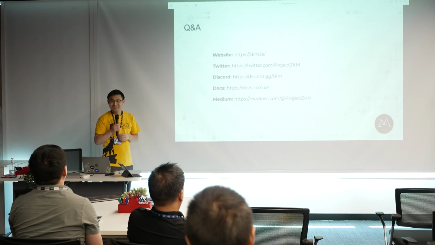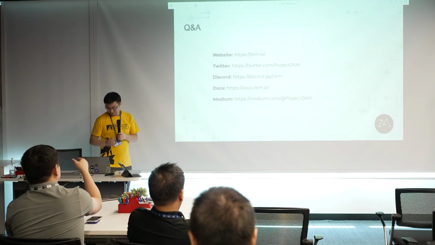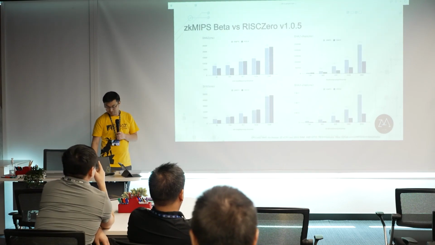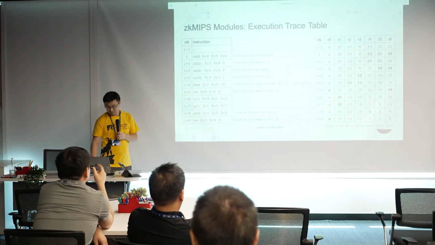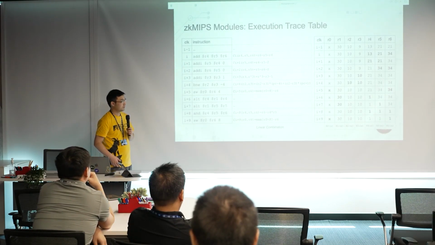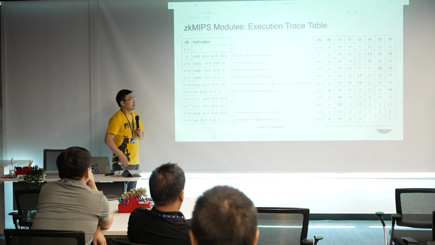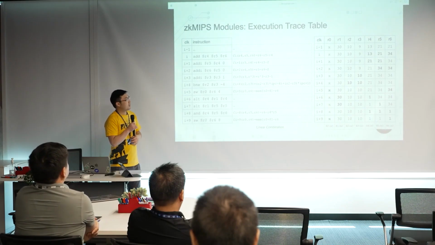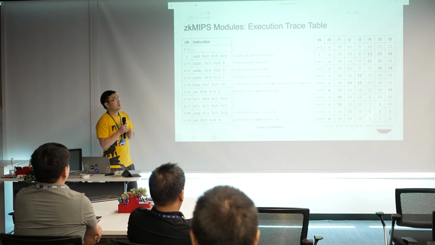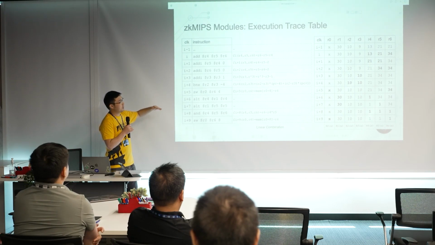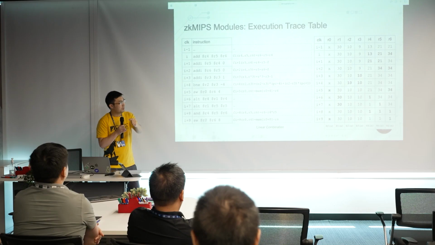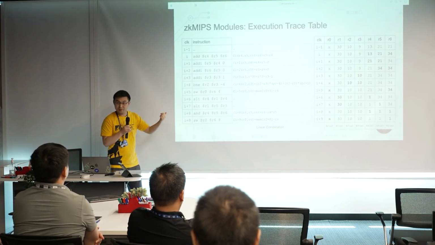Okay. Another question. In the execution trace table, you only list the values for each register. But the memory is not included, right? Basically, we have the memory. When we generate the table, the memory value will be loaded into the register.